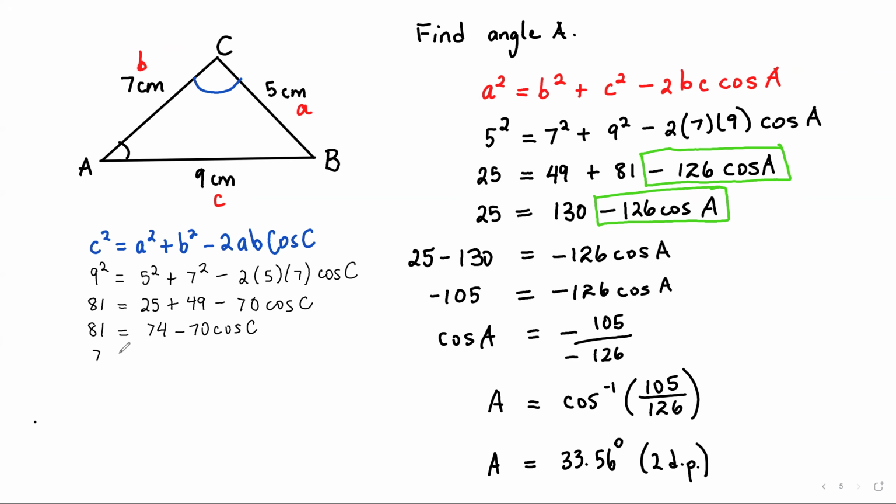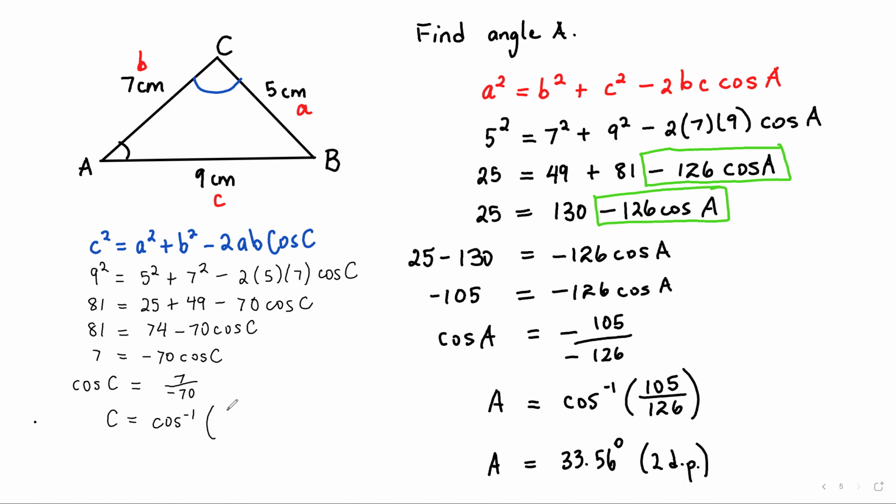So that will be 7 is equal to minus 70 cos of C. So then cos of C is equal to 7 over negative 70. Therefore, C is equal to cos inverse.